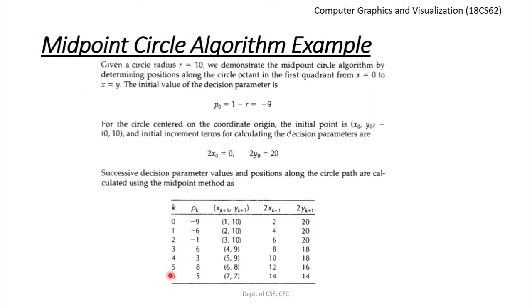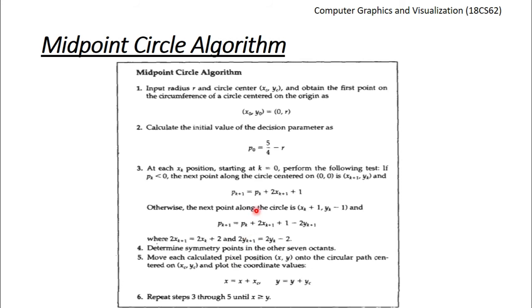For the next step, we found the value of P5 to be 8, and we computed the next point. Again we need to compute the next decision parameter using this equation, that is P6. P6 equals the value of P5, that is 8, plus 12 plus 1 minus 16.